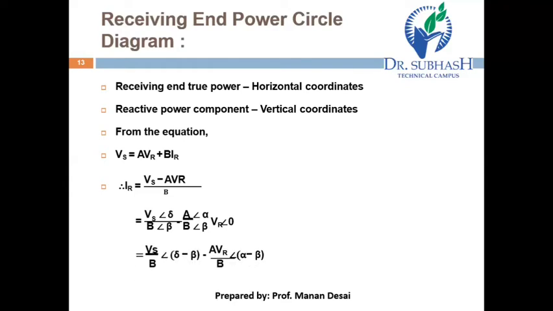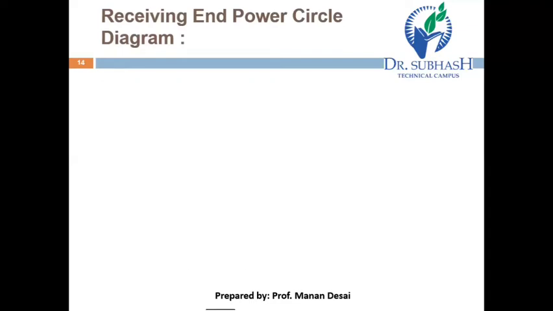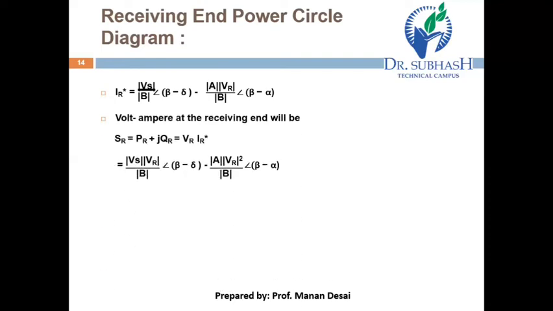Now we simplify delta minus beta and alpha minus beta, and further in conjugate form we shift the beta position, so beta minus delta and beta minus alpha.